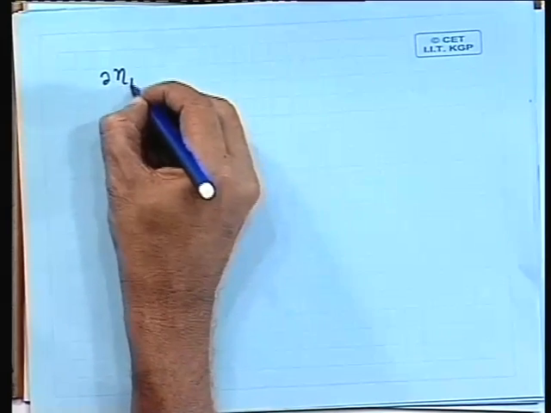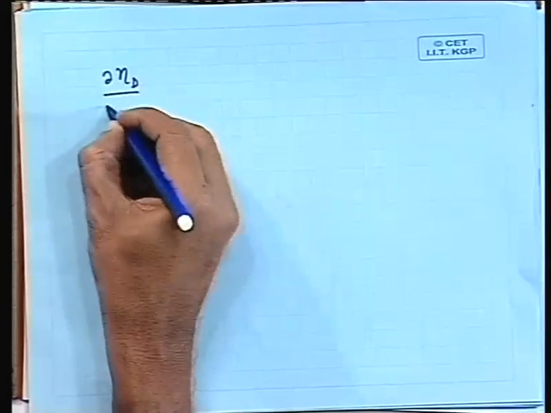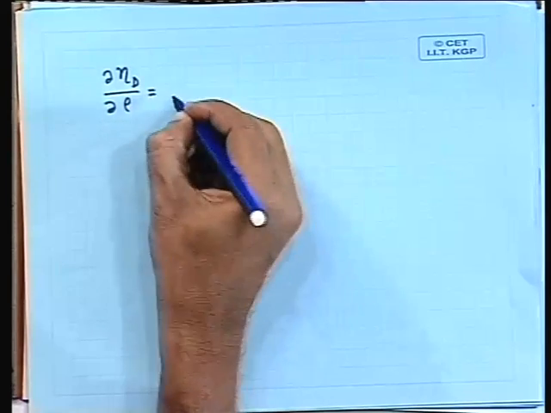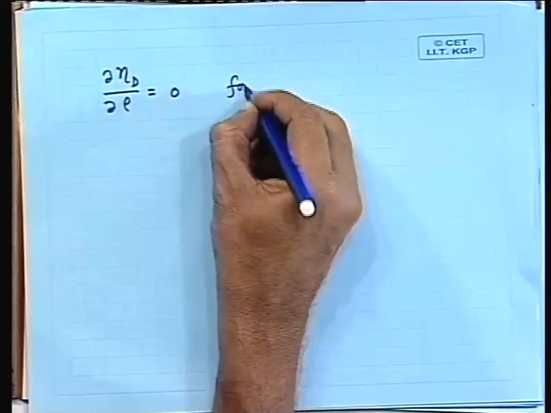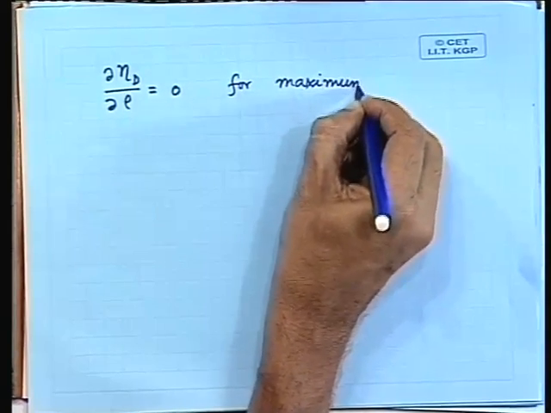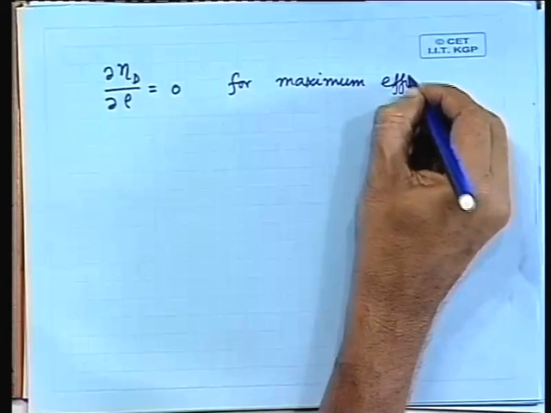One can do this exercise: d eta d by d rho equal to 0 for maximum efficiency.